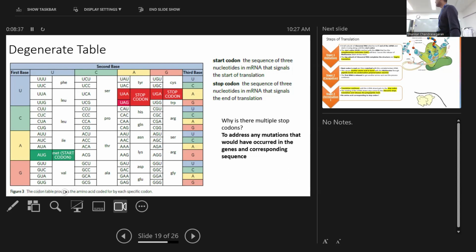And we can see that it needs to start with the AUG. No matter what protein it is, it needs to always start with an AUG. So whenever we look at an mRNA molecule, the first codon will always be AUG, because that is the start codon.